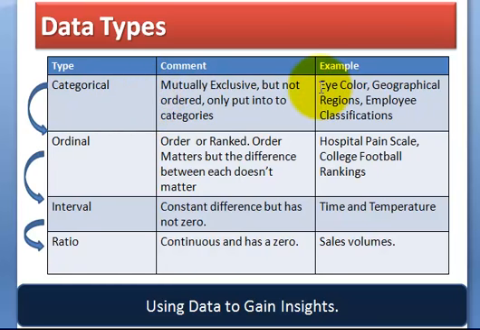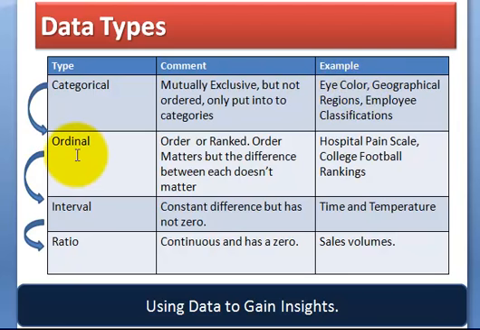Examples might be different eye colors or geographic regions or employee classifications or name, etc. Categorical data, you put them into categories, and that's about the extent you can do. As we get into more statistics, we'll see this becomes very important because if somebody said, what's the average eye color in America, it would be relatively meaningless.